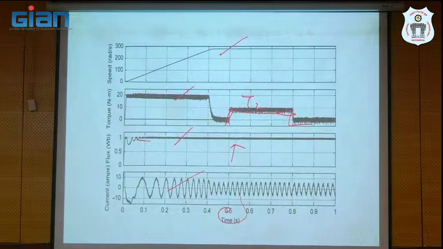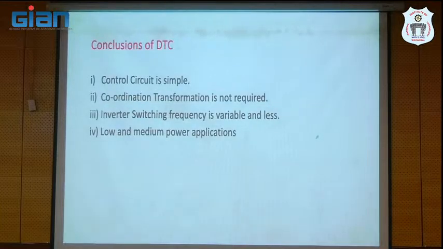Torque is also independent of the flux. Because of this, we can conclude that torque and flux are controlled independently by using the proper voltage vector. By selecting the proper voltage vector in a particular sample, independent control is possible. Clear? Understood? Next, what are the limitations here? What is the issue?